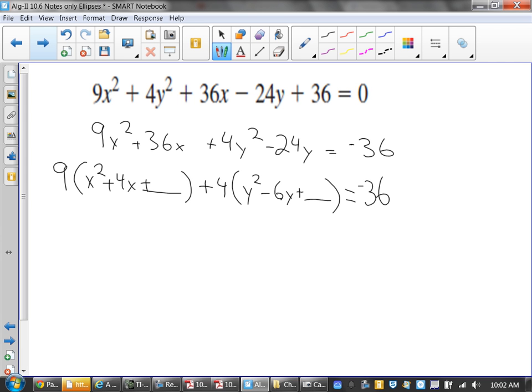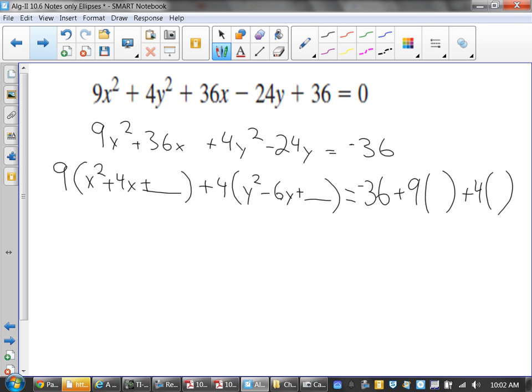Now remember what we did with the parabolas when we factored out stuff. What did we have to put on the other side? Plus blank and plus whatever we factored out. So in this case, I'm going to add in a 9 times something and a 4 times something. I'm doing that right away. I cannot tell you how many times I see students forget that.